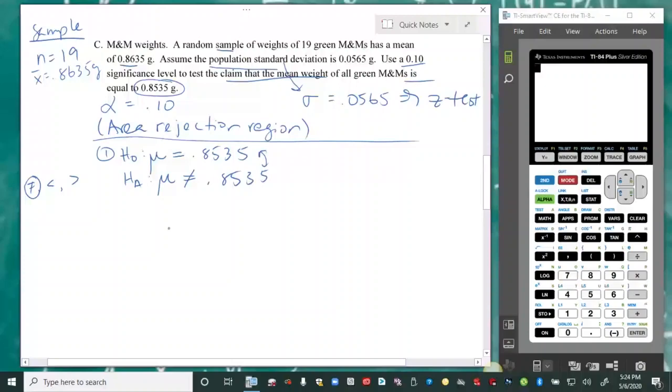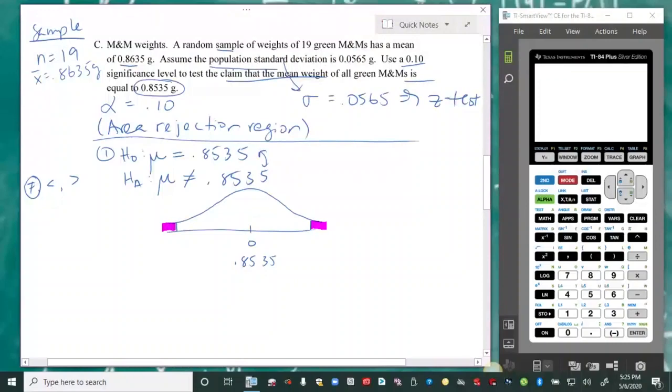Because of that not equals, that means that I'm going to let my rejection region be either above that value, so here's my expected z-score of 0 with my expected mean of 0.8535. So I could be either significantly above or I could be significantly below. So I can shade in my rejection area here on either side.